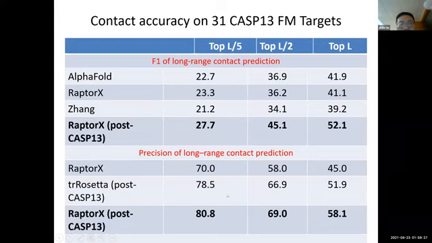Of course, after CASP 13, the Baker group developed trRosetta, which further improved the precision, and then my group also further improved the precision. So on CASP 13 hard targets now, the precision can go to 80%, which is much higher than before.